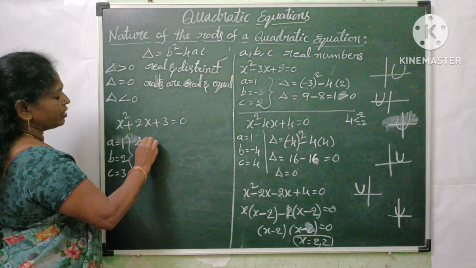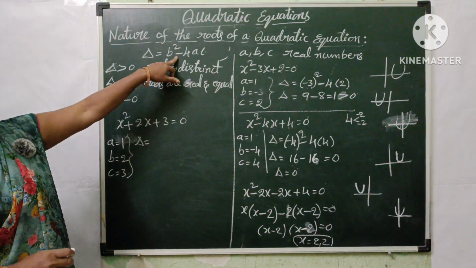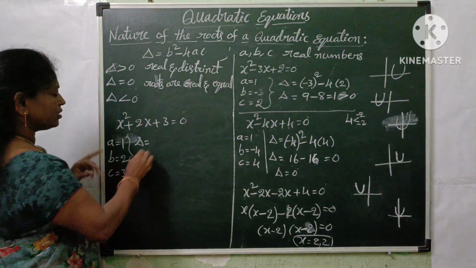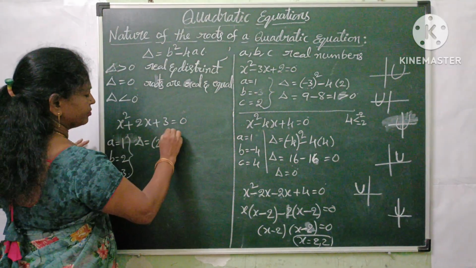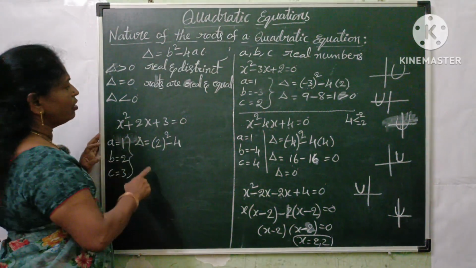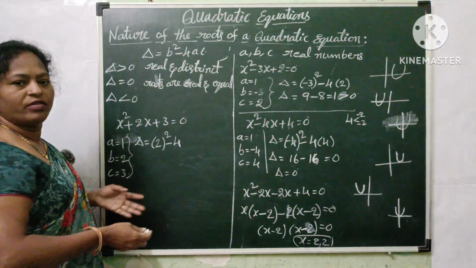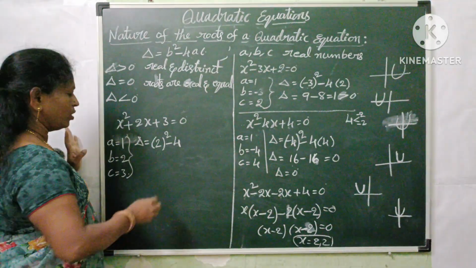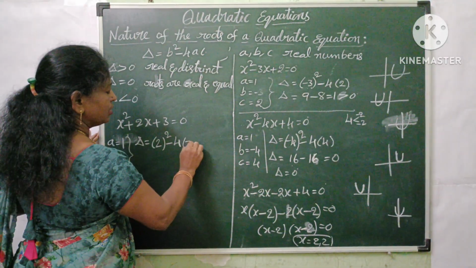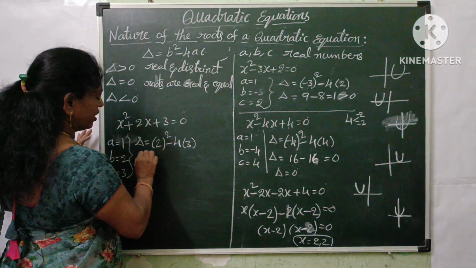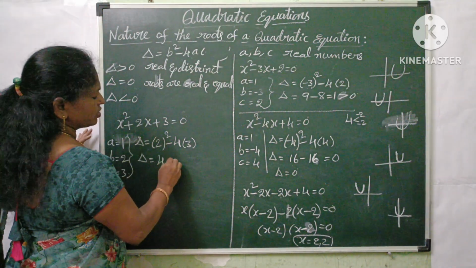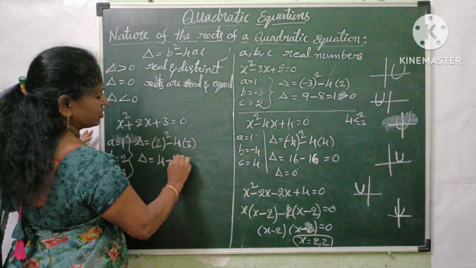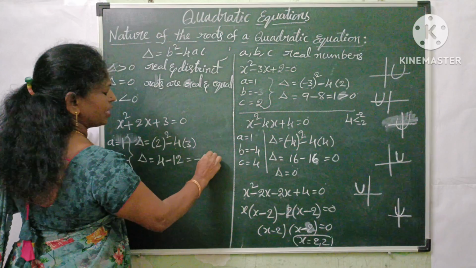So b square means 2 square minus 4 into a, which is always 1, and c is 3. That is delta equal to 2 2s are 4 minus 3 4s are 12, which is equal to minus 8.